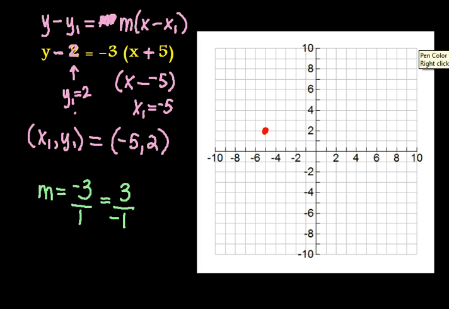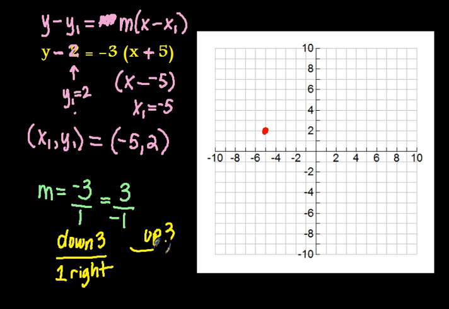I can think of it as down 3 for every 1 I go to the right, or I can think of it as up 3 for every 1 I go to the left. So let's look at that. My starting place, remember, was at negative 5, 2. And I'm going to go down 3, every 1 I go to the right.